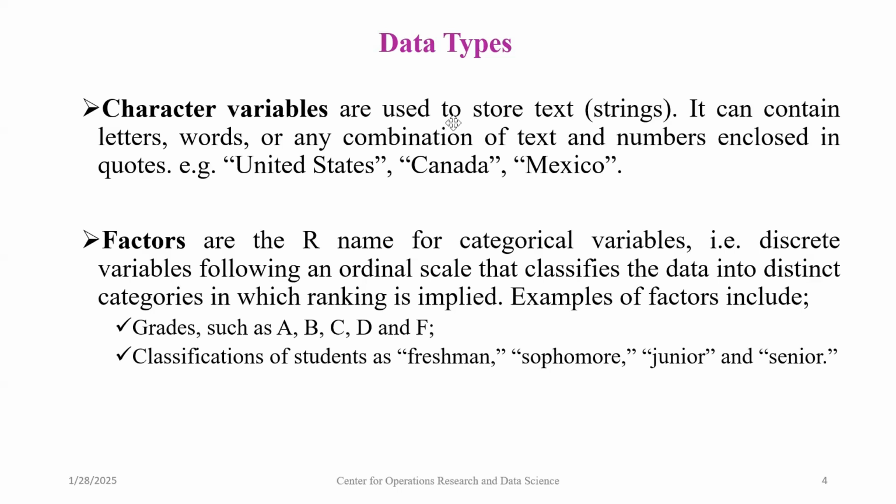Meanwhile, character variables are not ordered. So, for instance, your grades will be an example of a factor variable, wherein we see A being the highest, B being the next, C, D, E, and F. Also, when we look at classifications of students, like freshman, sophomore, junior, or senior, this is also a factor variable because there is an order in that level.